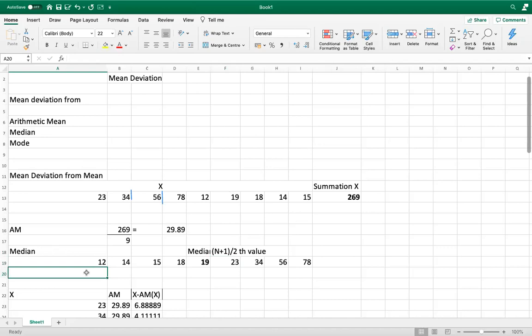So now I'm going to do the mean deviation from median. Can I do it here itself?